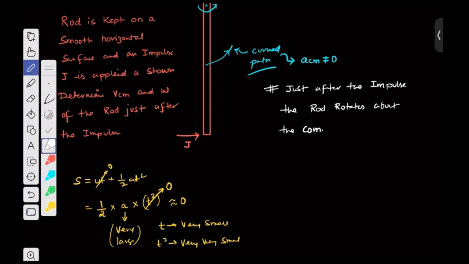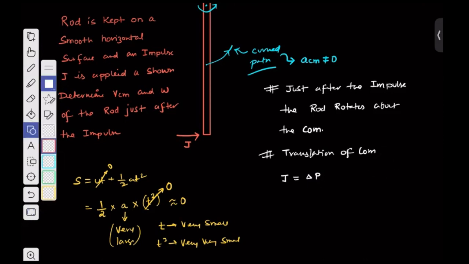So first we consider the translational motion of the center of the mass. Net impulse is equal to the change in linear momentum. Just before the impulse, VCM is 0, and just after the impulse, the center of the mass moves with M VCM.